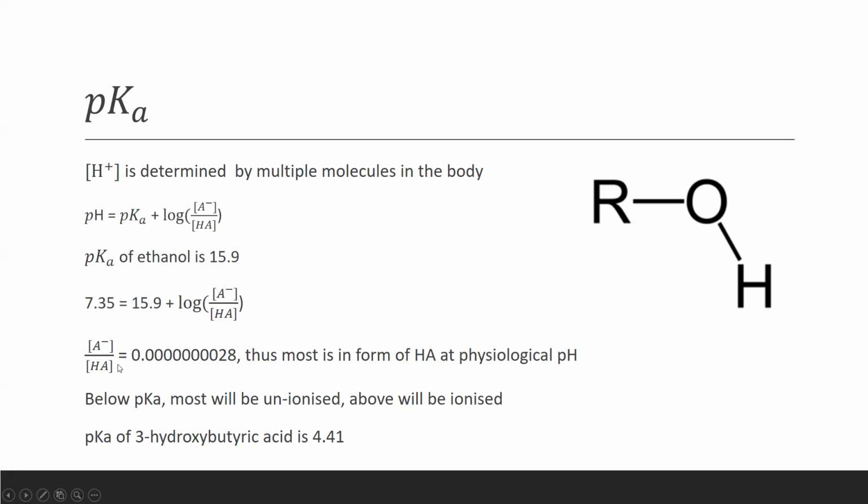A- over HA in this example comes to a very, very tiny ratio. And this means that most of ethanol at physiological pH sits as HA. So the hydrogen atom is not lost from the molecule, it's not separated out from the molecule.